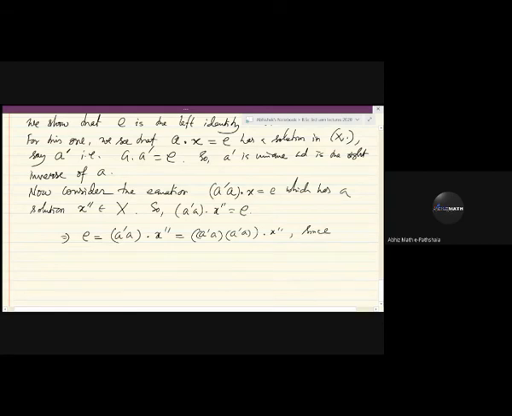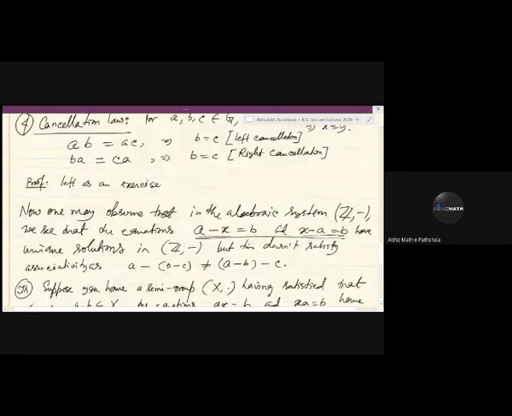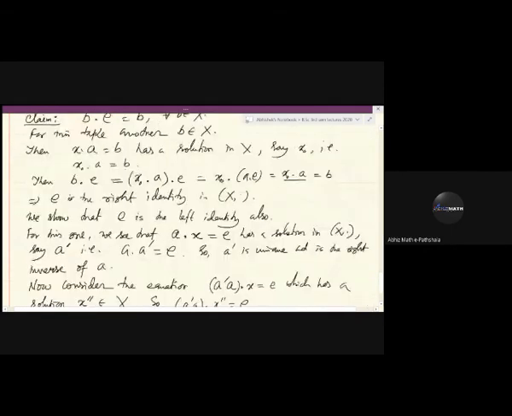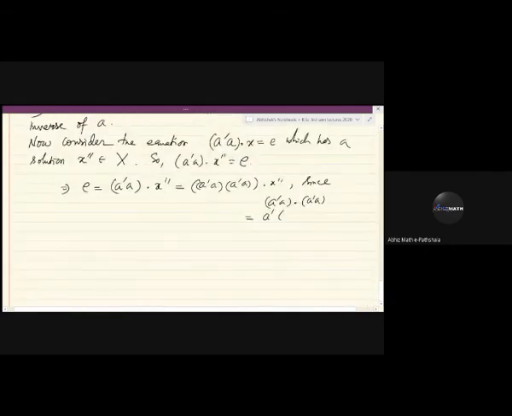Since a dashed a dot a dashed a equal to a dashed, so it is a dashed a.